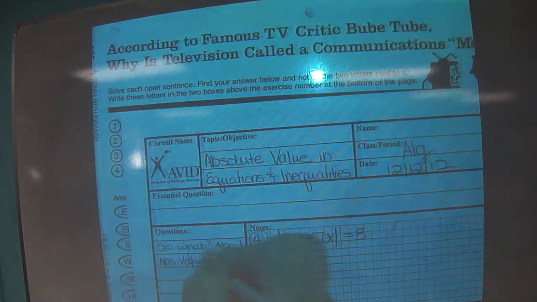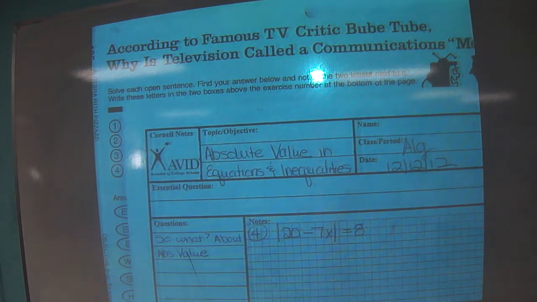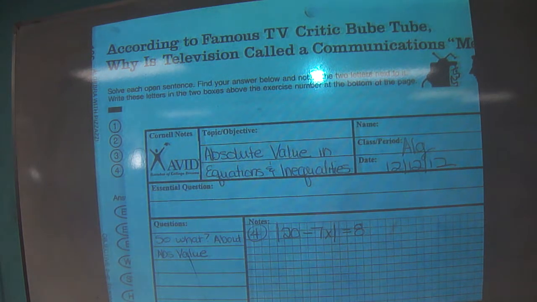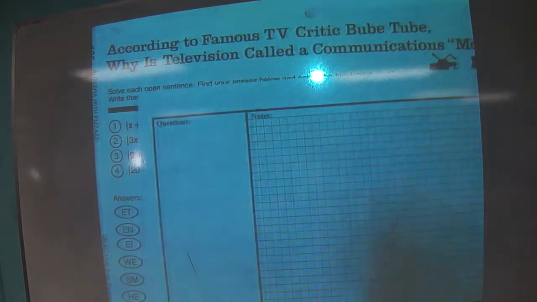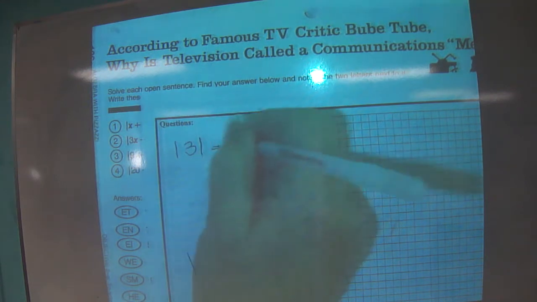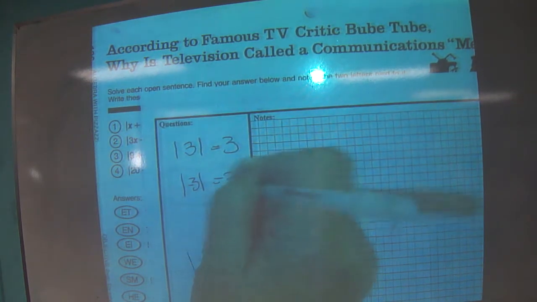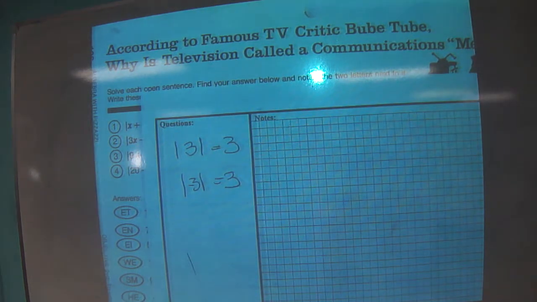The absolute value of 3 equals 3, and the absolute value of negative 3 also equals 3, right? We're all on the same page there, right?